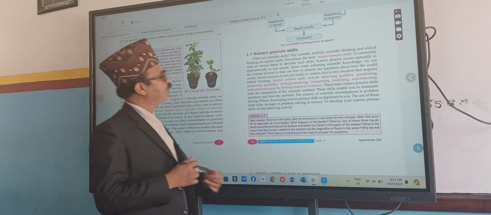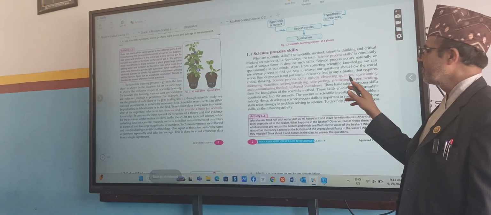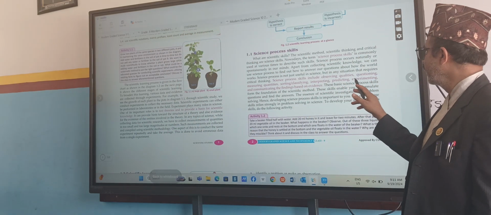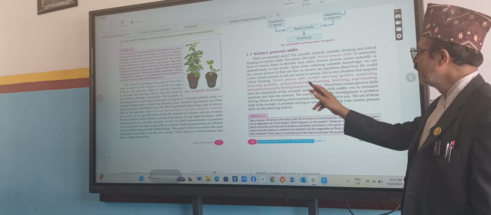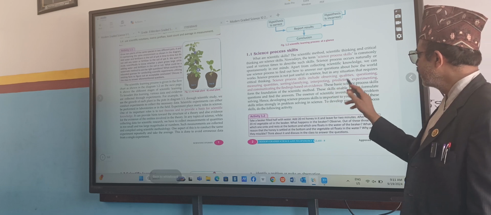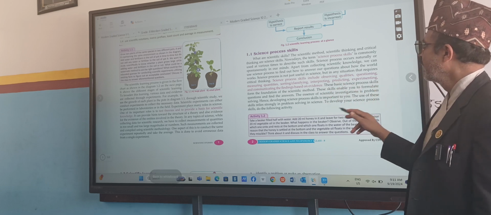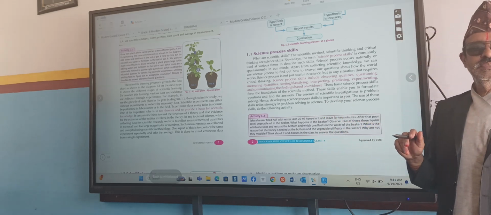So, what types of things are included in science process skills? Observing quality, how keen we are, questioning, measuring quantity, sorting or classifying the data, interpreting, predicting, experimenting, and communicating the findings based on evidence.